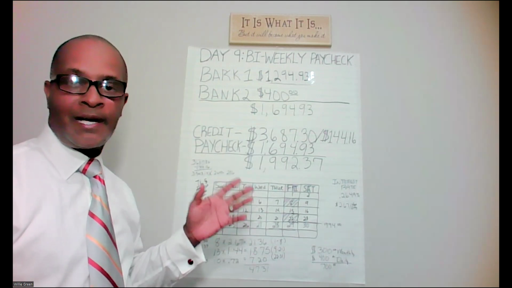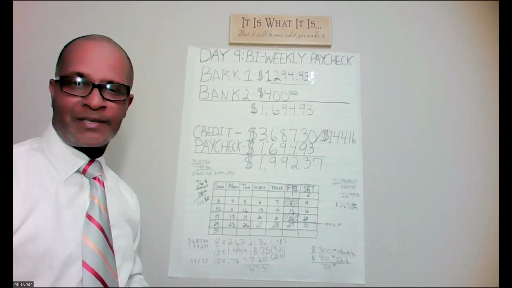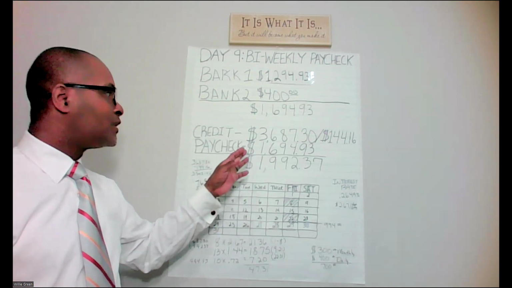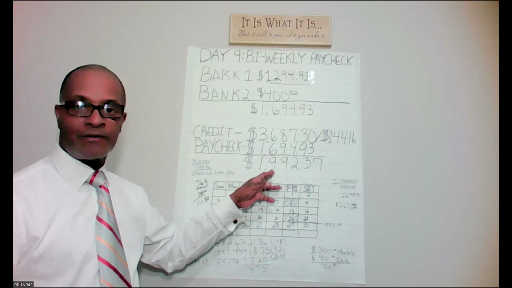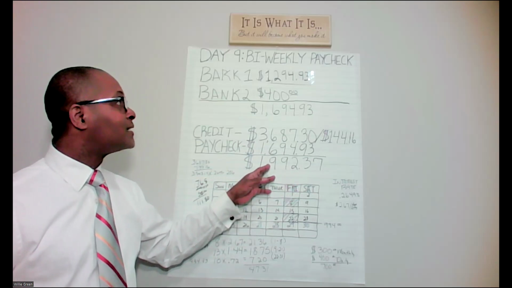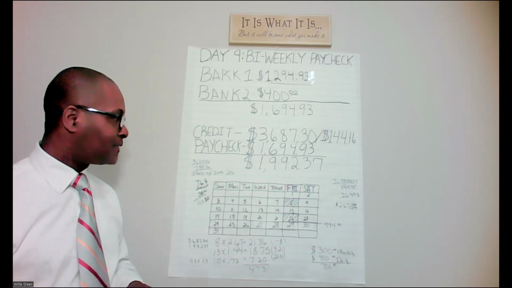Now I'm taking that and placing it on the entire balance of $3,687. From that, I end up with $1,992.37 as the balance. It should be on the 10th or maybe later tonight.